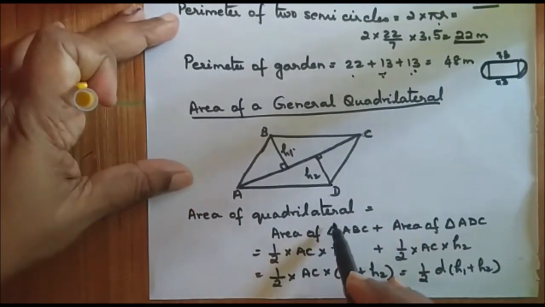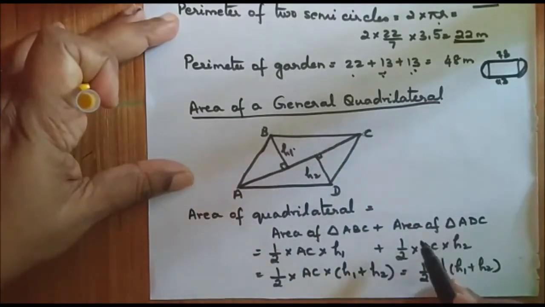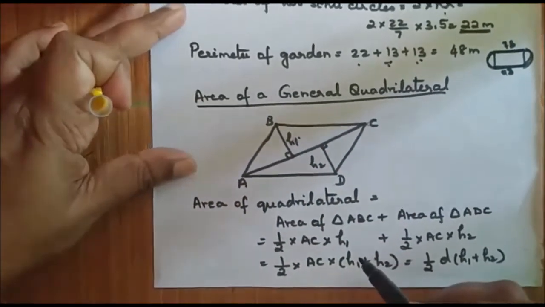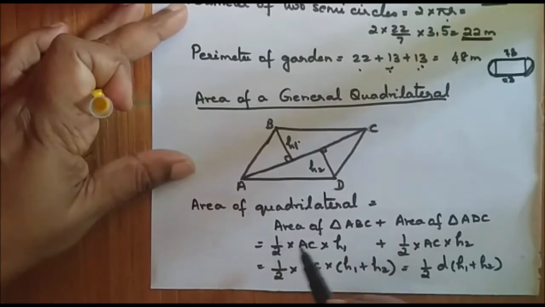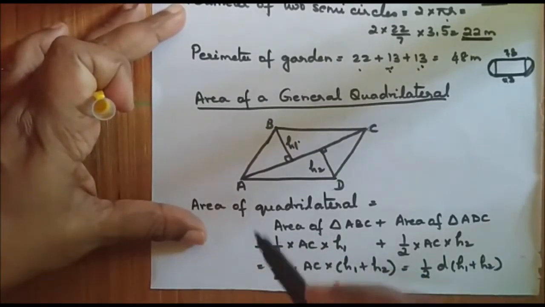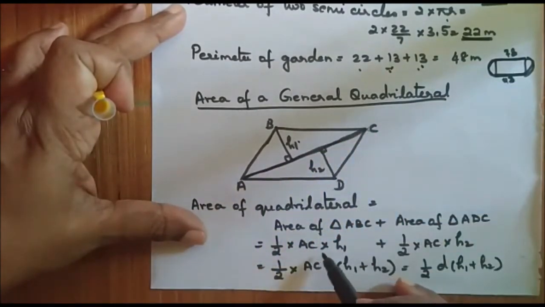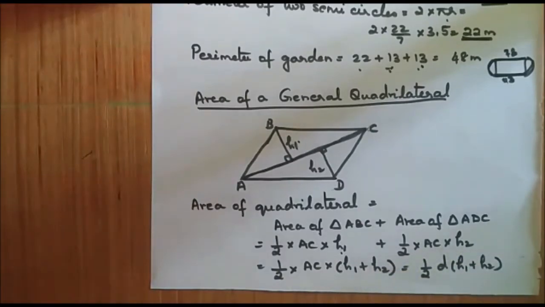Now area of this quadrilateral is nothing but area of triangle ABC and area of triangle ADC. Now we know the area of a triangle is half into base into height. This is the base, isn't it? So half into AC into H1 plus half into AC into H2. I hope you understood this.